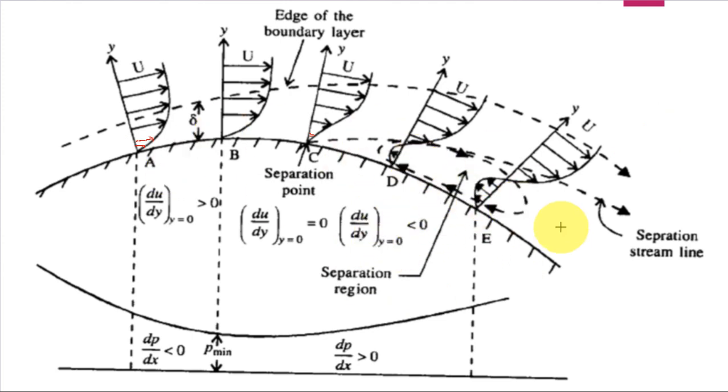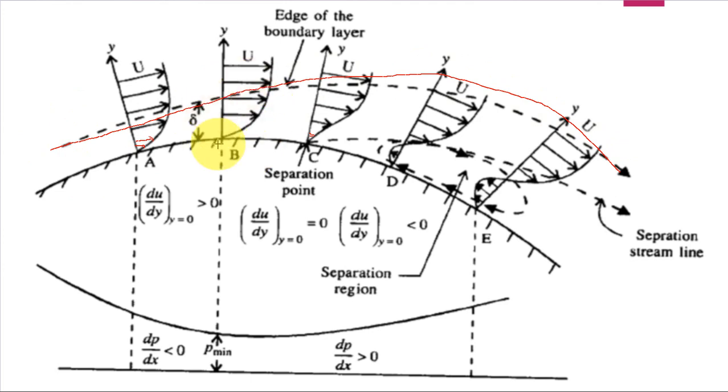Okay, so you can relate this with respect to the pressure gradient also, dp by dx. Initially dp by dx, that is the pressure gradient, is less than 0, it is negative. In such a case, there is an increase in the thickness of the boundary layer. See, this is the edge of the boundary layer.